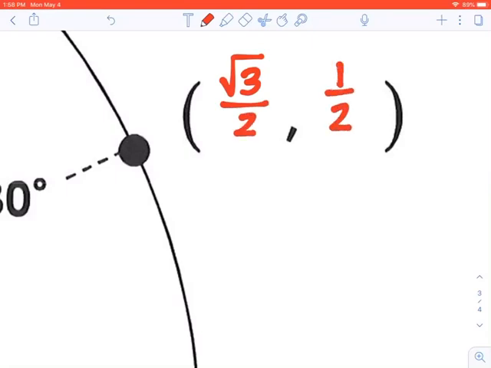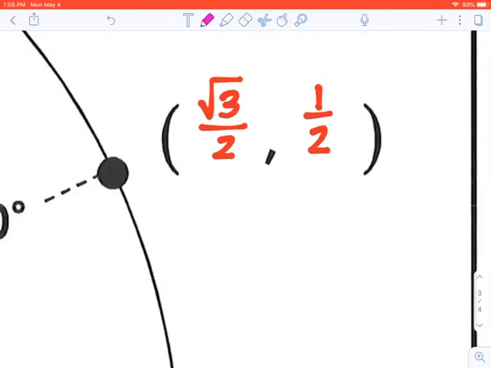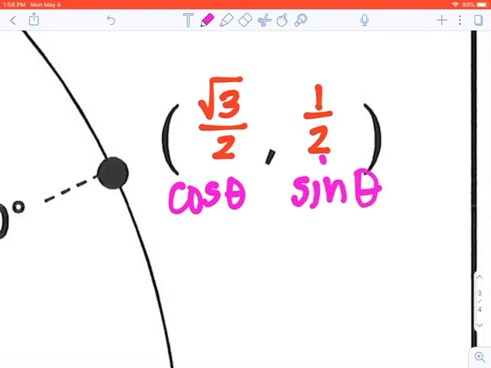Now remember, we just discussed that the x is the cosine of theta and the y is the sine of theta. So based on this unit circle right here, if I asked you what the sine of 30 degrees is, you could quickly look at it and say, oh, okay, my y value for 30 degrees is 1/2, so the sine of 30 degrees is 1/2.